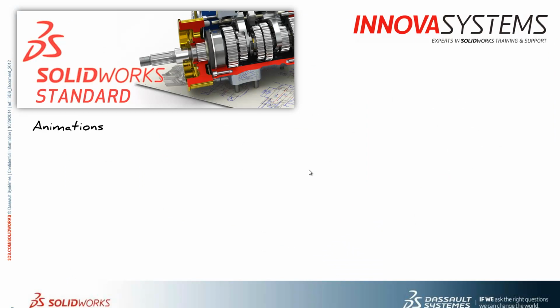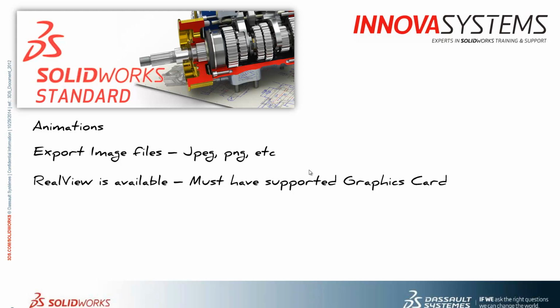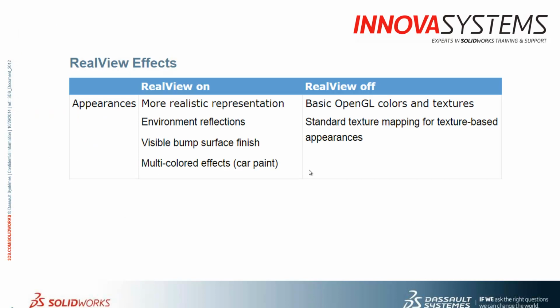Okay, so what else can we do with SolidWorks Standard? Well, we can export image files as JPEGs or PNGs or TIFFs. We have something called RealView, which is available, but you must have a supported graphics card. And we also have something called ambient occlusion. Okay, so RealView I want to talk about first. So RealView effects.